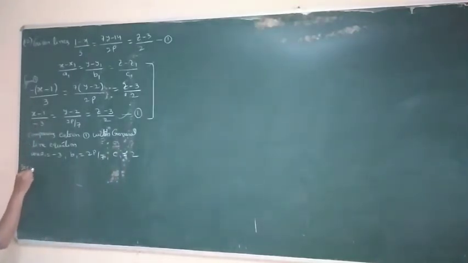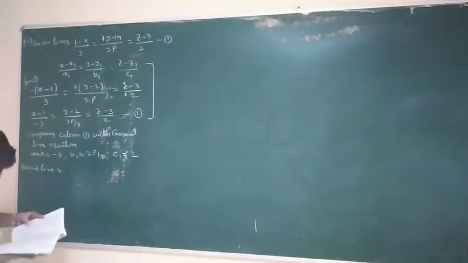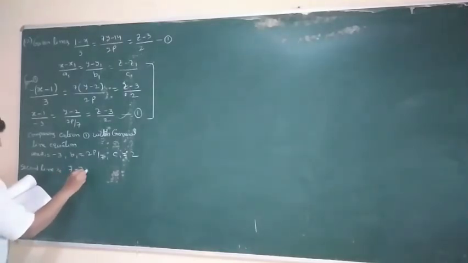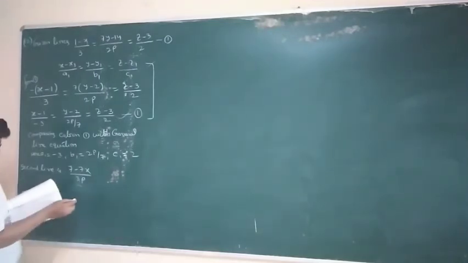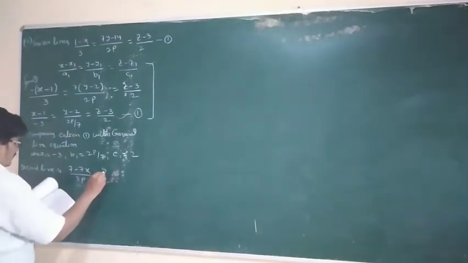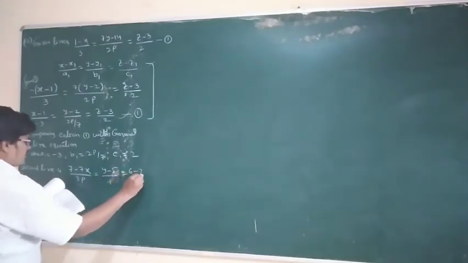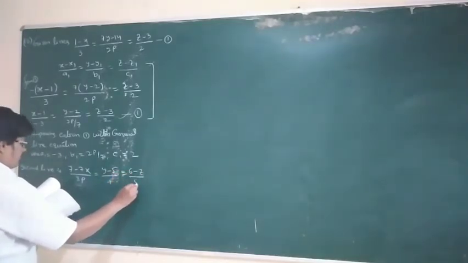Second line: what is the second line? 7 minus 7x by 3p is equal to y minus 5 by 1 is equal to 6 minus z by 5.